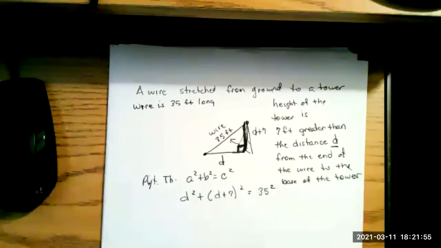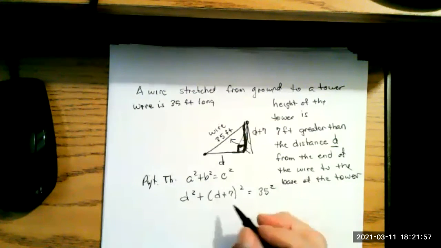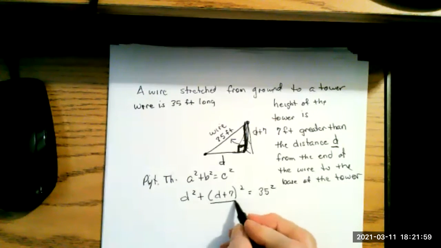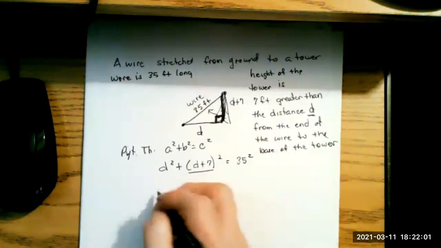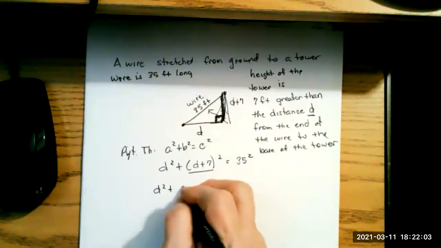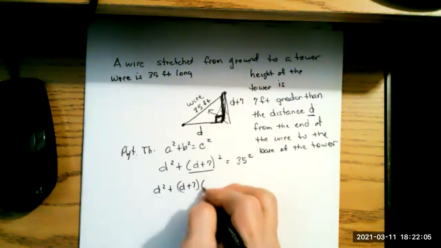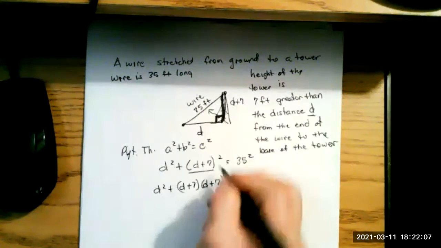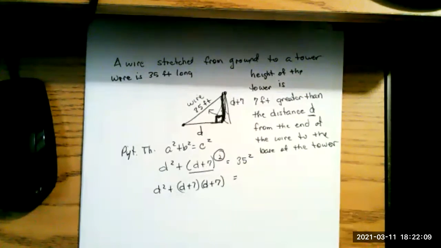Everybody okay with that? Now, this is where I told you to be really careful that D plus 7 squared is really D plus 7 times D plus 7. You have to write that thing down twice to square that. And I have no idea what 35 squared is in my head. Look. 1,225.